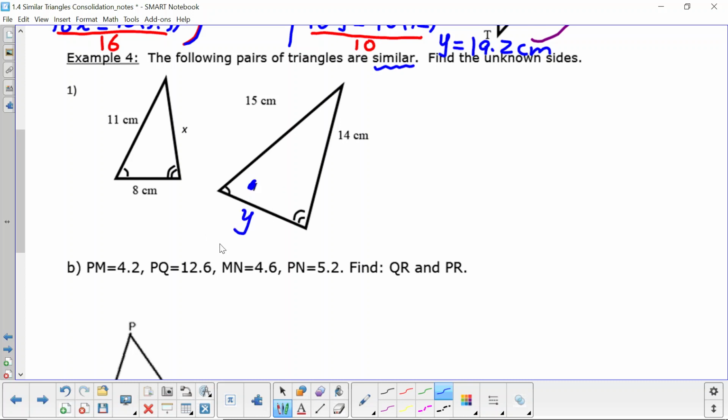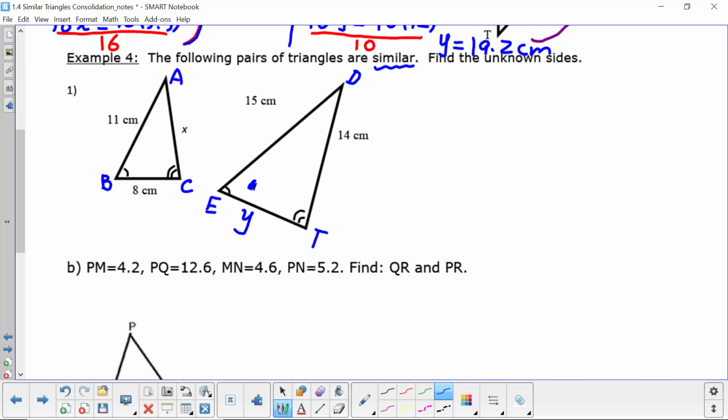Okay. So for this one, you will see it's not labeled with letters for the vertices. So we are going to label it now. The reason we want to label it is because we want to use that when triangles are similar, the corresponding side ratios are equal.